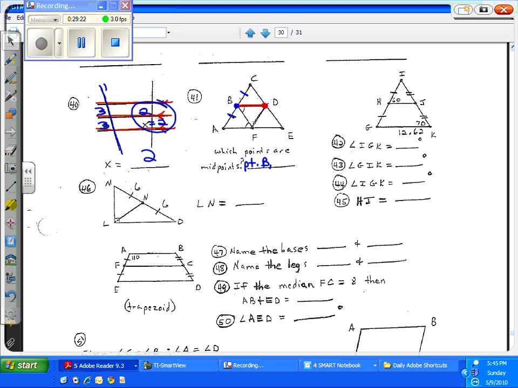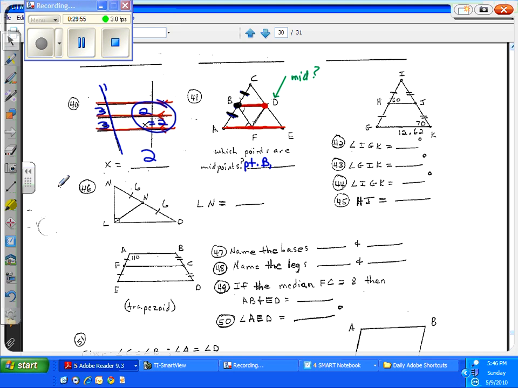If this segment, that's a segment containing D, we're going to say the theorem. If a segment hits the midpoint of one side of a triangle, and that same segment is parallel to the second side, then we could reach the conclusion that it hits the midpoint of the third side. To reach that conclusion, then, we would have to know that the segment BD is parallel to segment AE.